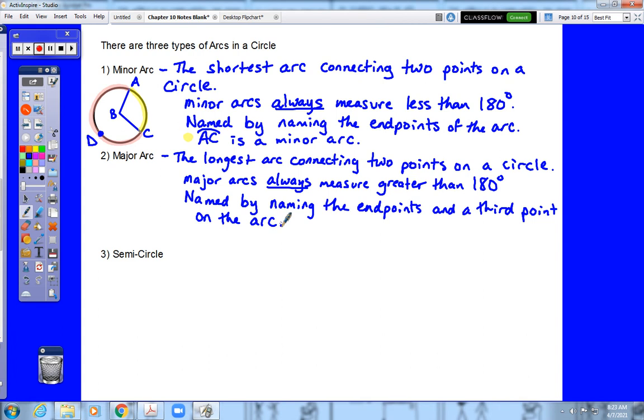Okay? So for instance, I just highlighted this major arc in pink. That major arc would be named arc ADC. Okay, indicating that we started naming it at A, went through D, and ended at C. See what I'm saying? Could also be named CDA, just like angles, the names can be reversed. Okay?